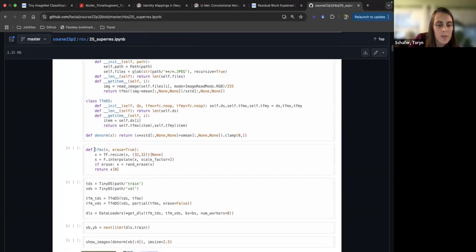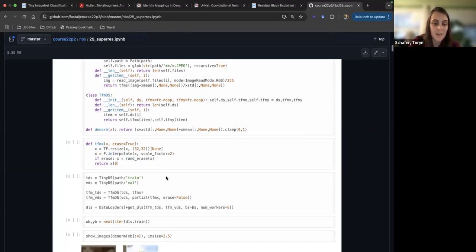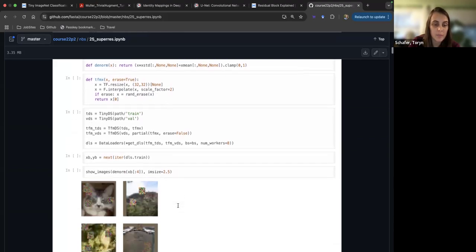But you can do random erasing just on the X, to give your model even more of a challenge, to not only increase the resolution, but interpolate missing pieces of your picture.